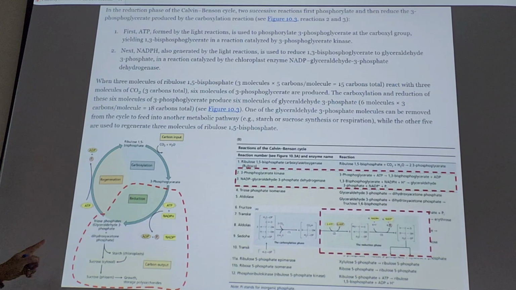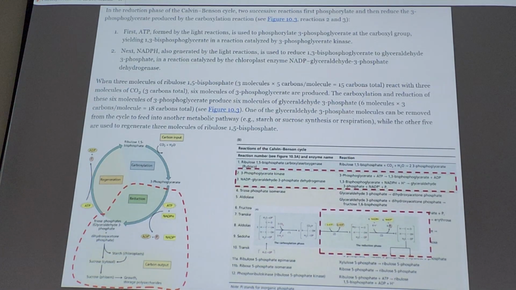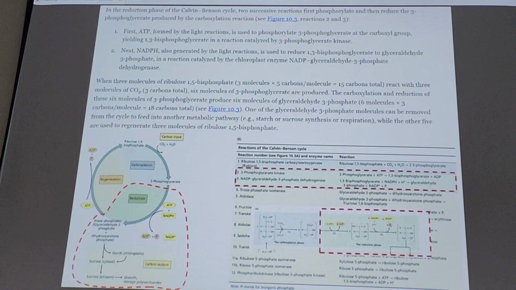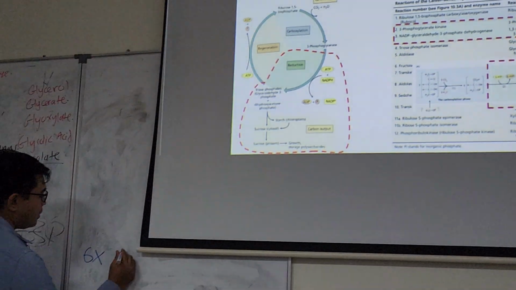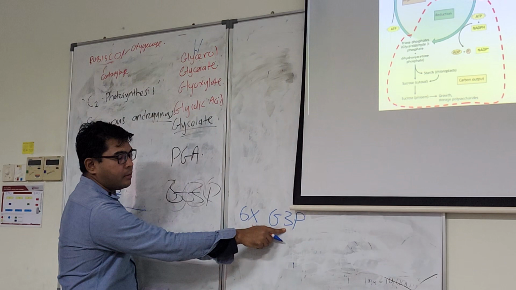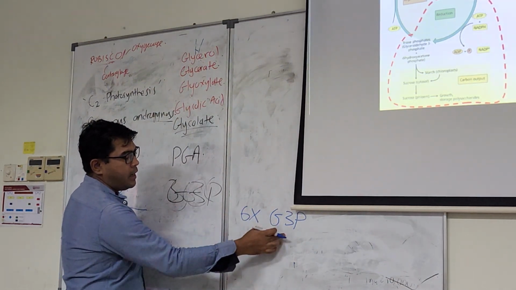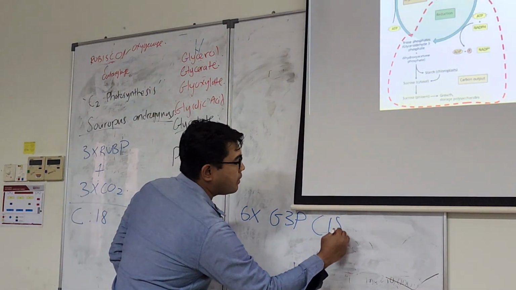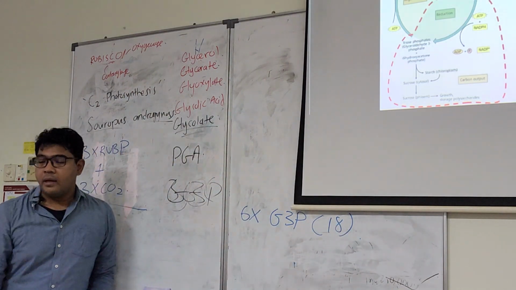When it reaches here, it reaches in the form of 6 molecules of glyceraldehyde 3-phosphate. This is 3 carbon, right? If you multiply again, the carbon is still 18. 18 carbon.